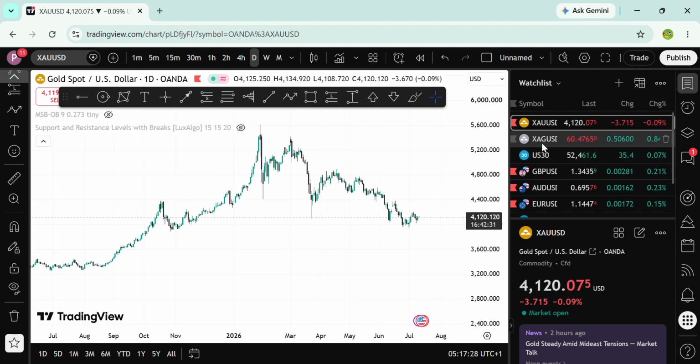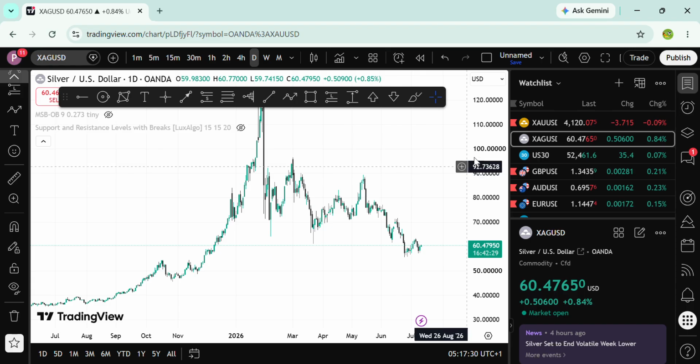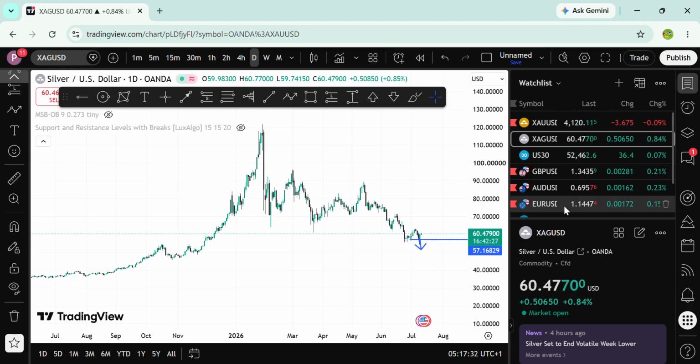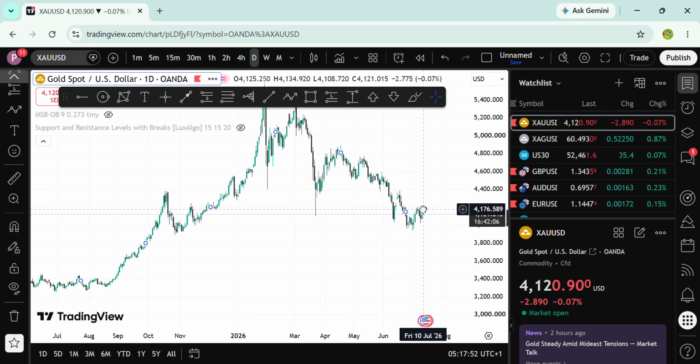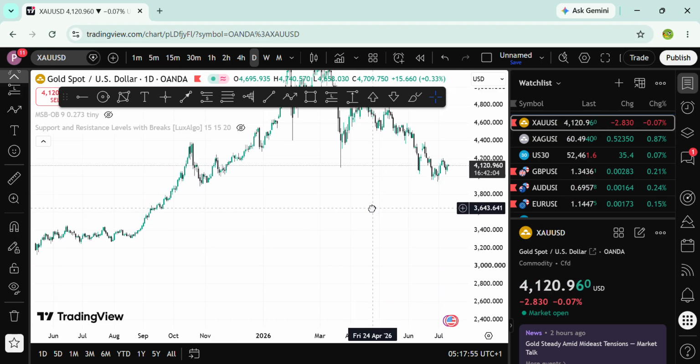You can see that of silver, see Bitcoin. All of them are showcasing the price movement of the commodity. Do not forget, this side is the price level, the digits, and this side is the date. So you can see this is the price level. Currently, gold is at 4,121 and is intending to sell downwards.